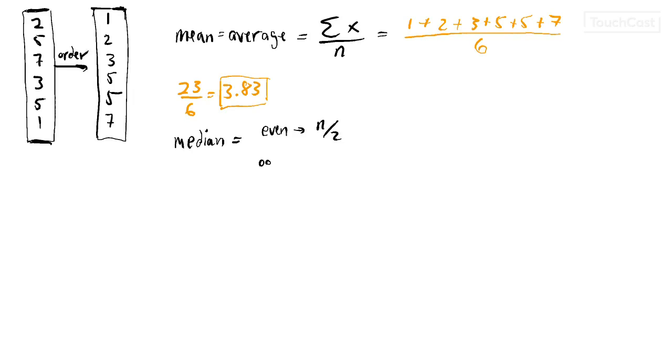If it's odd, an odd number of observations, so I'll say n even, n odd, we do n plus 1 divided by 2. And you'll know why in a second, because in our example, we have 6 observations, so our n is 6. And if our n is 6, it's even.